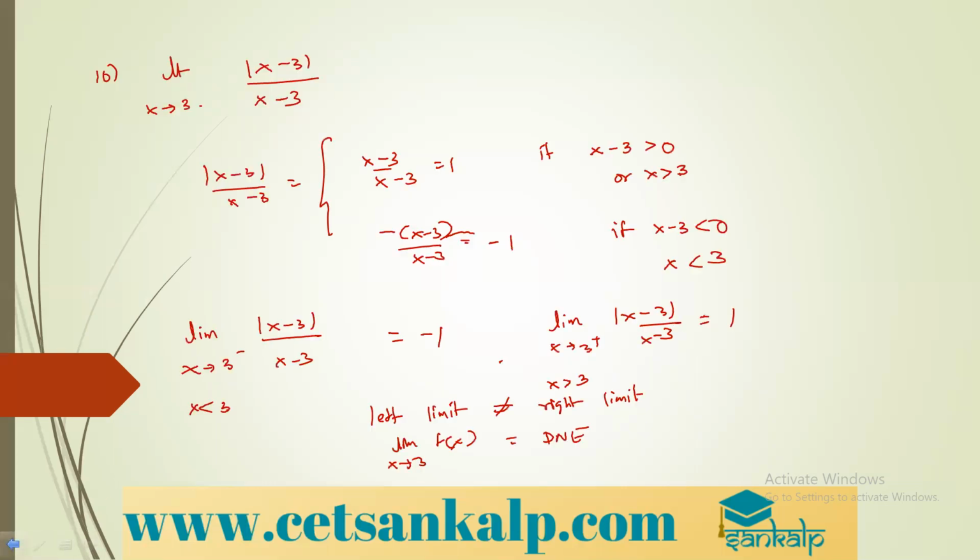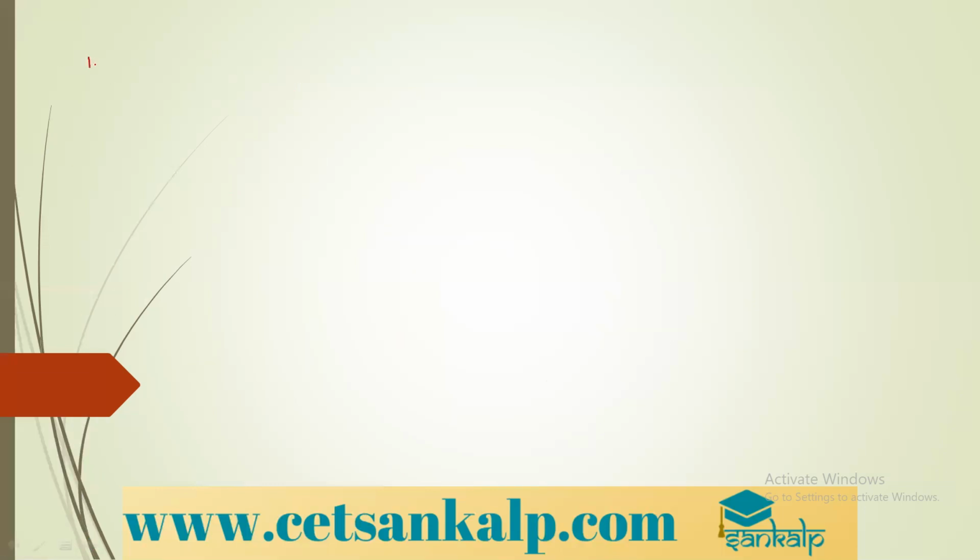Okay, we will go to the next question, the 11th question. In question number 11, limit of 6 power x minus 3 power x minus 2 power x plus 1 by x square as x approaches 0.